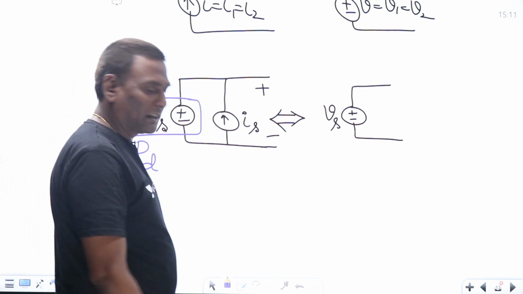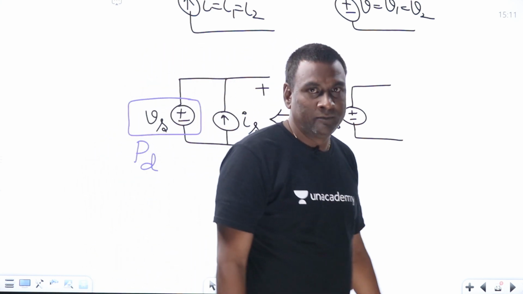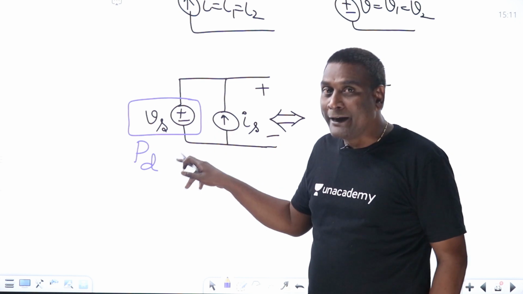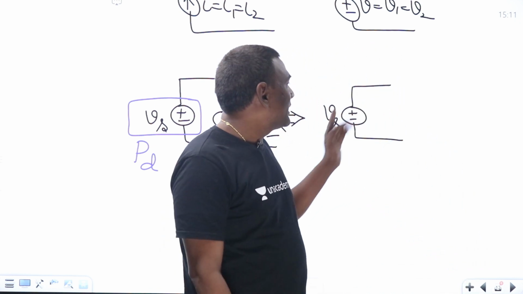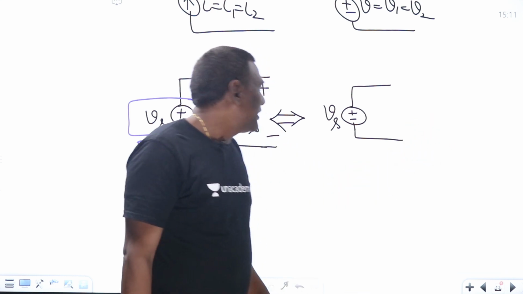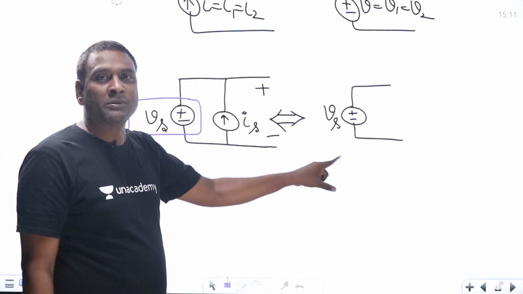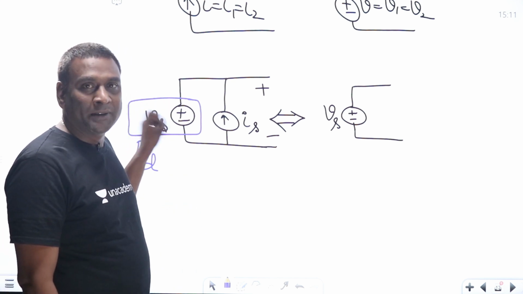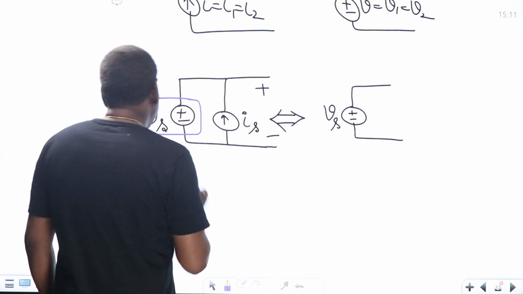Actually, power is being absorbed, we can say. So power delivered by this under open circuit conditions is negative, and power delivered by this under open circuit conditions is 0. Meaning that we are not supposed to transform from here to here into equivalent circuits, provided some internal matter is being asked. Anyway, see here.